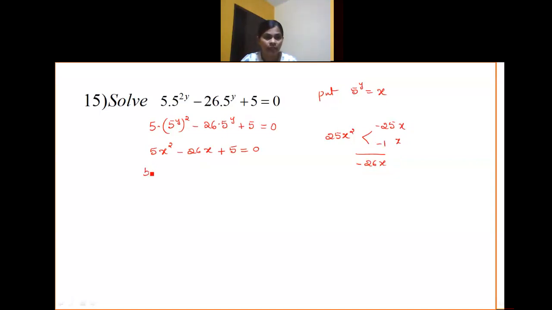Which will give me plus 25x squared and minus 26x. So I can write it as 5x squared minus 25x minus x plus 5 is equal to 0. Now combining the first two, taking 5x common out, what remains is x minus 5. Now next two, there is no common, so I have to take minus 1 common out.